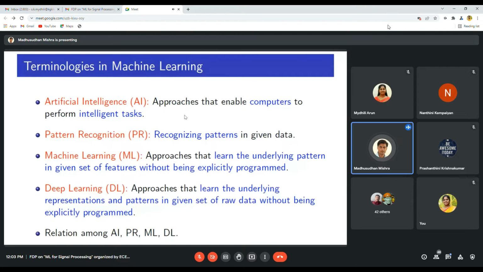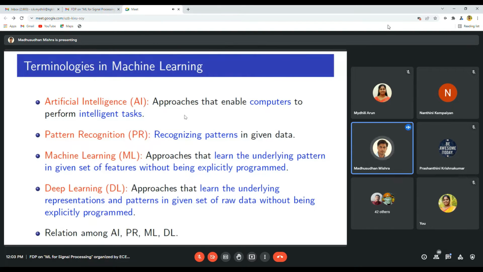Basically these features are defined as parameters which describe that signal. Some features may be very relevant, some may carry very little information. So machine learning refers to techniques that learn the underlying pattern from a given set of features without being explicitly programmed.